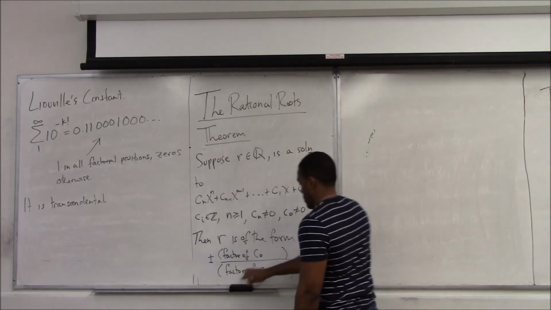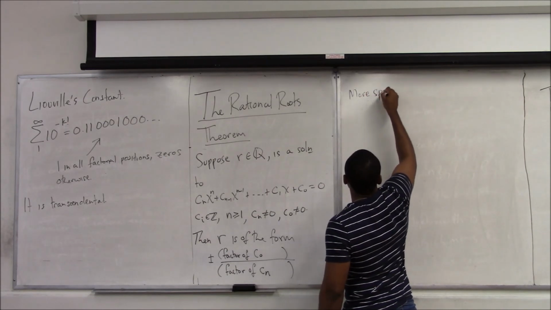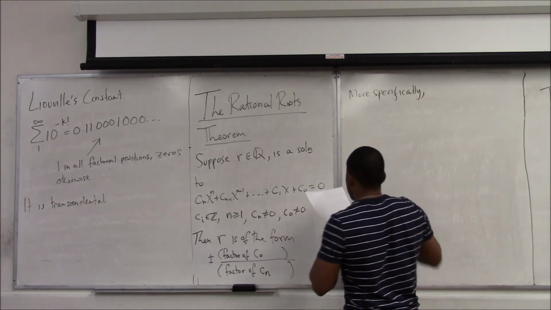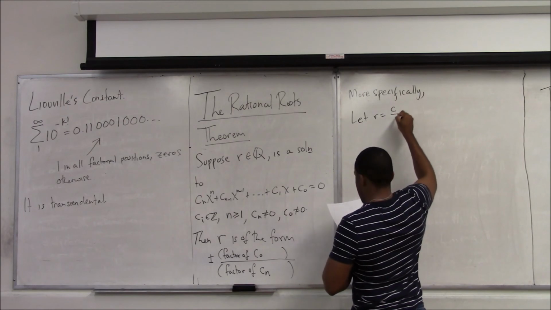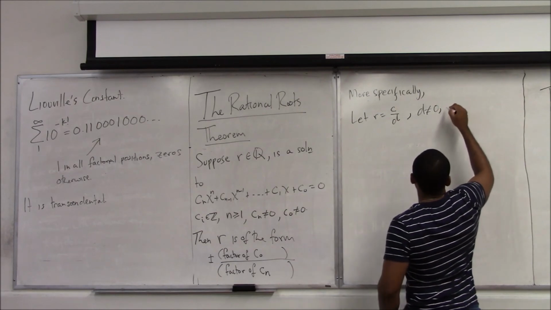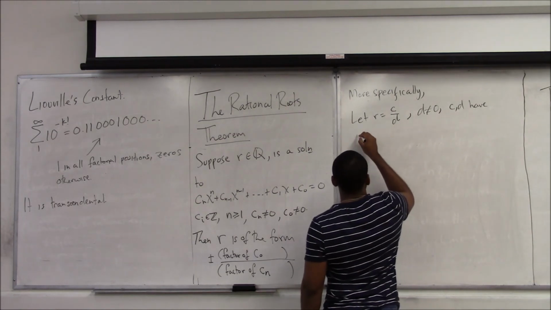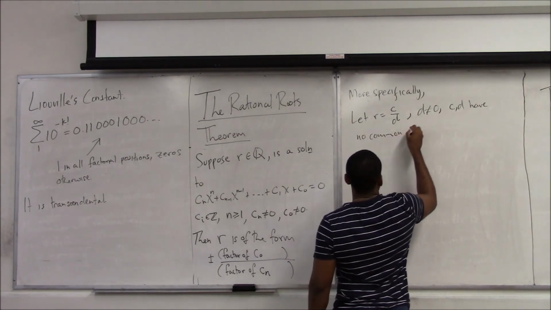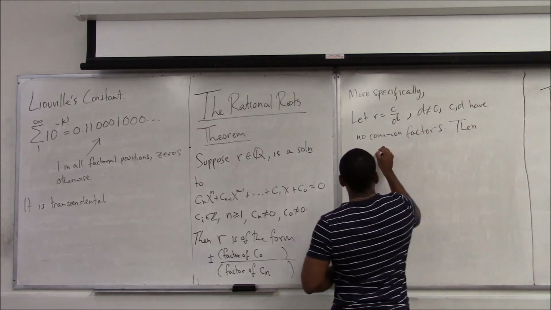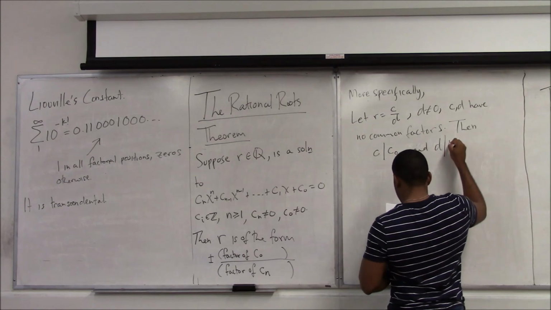More specifically, if we let r equal c over d, d not equal to 0, and c and d are in fully reduced form, with no common factors, then it must be the case that c will divide c_0 and d will divide c_n.